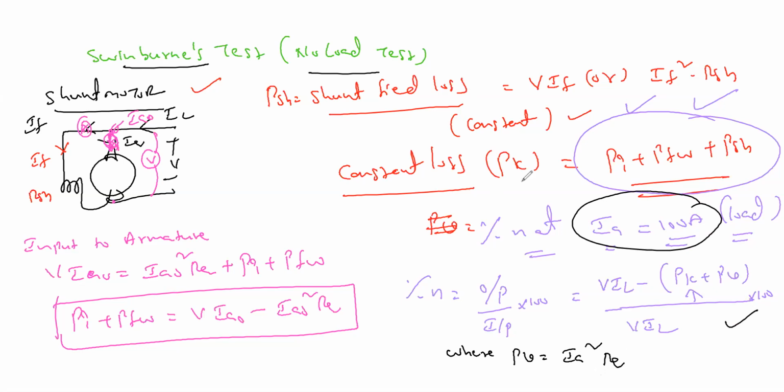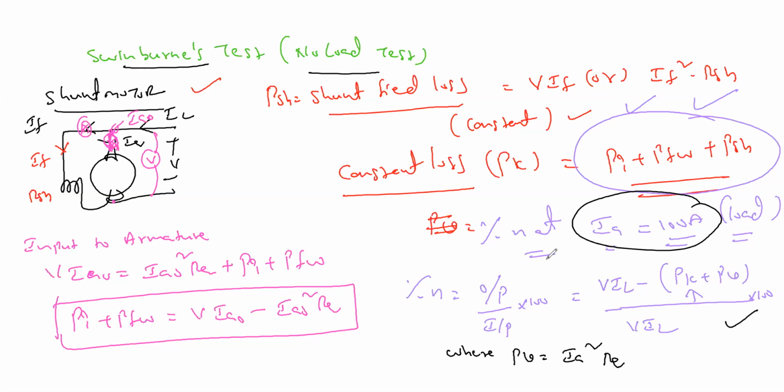Since you are not loading the machine actually 100 amps पे, we don't know the heating effect, temperature rises, वो हमको पता नहीं चलेगा. ठीक है, इसलिए one of the disadvantage of the Swinburne test is, since the machine is not being loaded, we are not able to find the heating effects, temperature rises of the machine. That's one of the disadvantages of the Swinburne test.